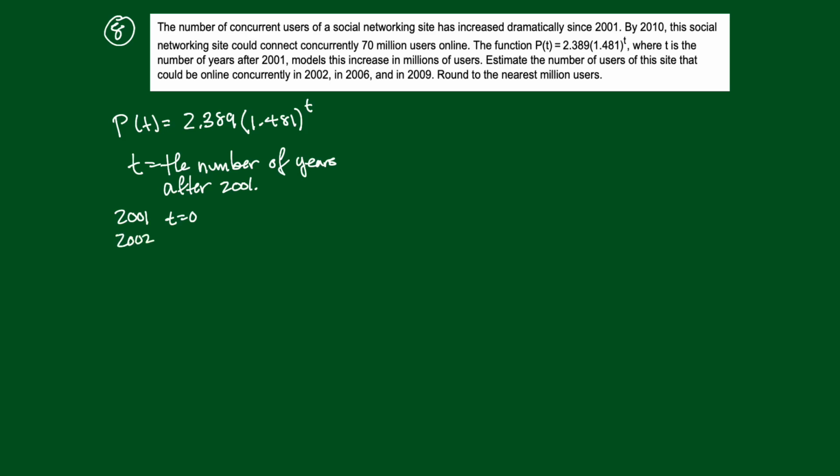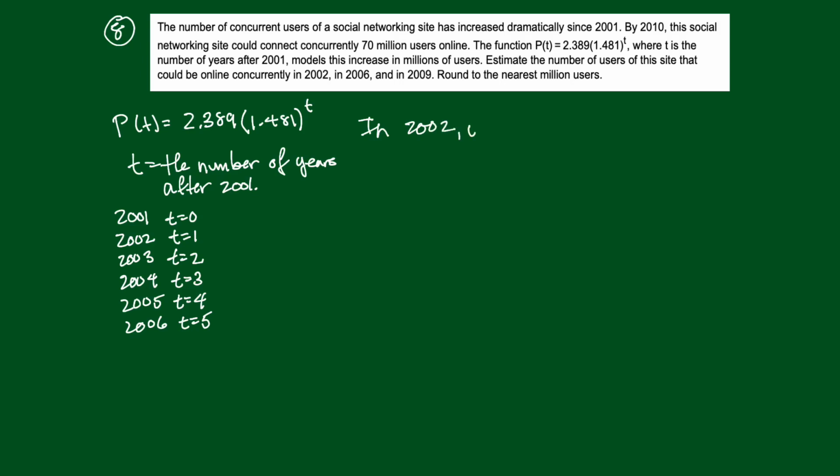In 2002, we're 1 year after 2001. In 2003, t would be 2 years. 2004, now we're 3 years after 2001. In 2005, t is going to equal 4 years. And then in 2006, which is what we're looking for, we're now 5 years after 2001.